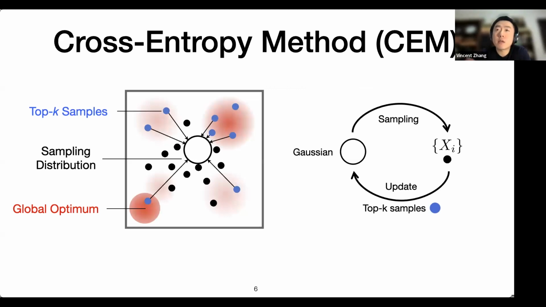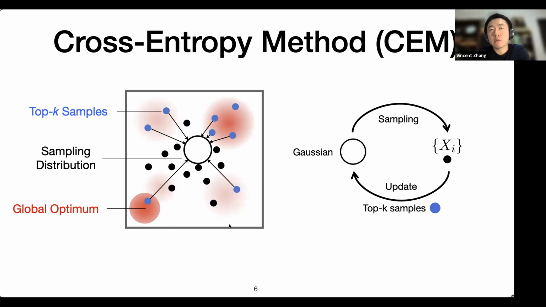And we can use this picture to illustrate this process, where this big open circle represents some sampling distribution. And very often than not, it is a single Gaussian. And then we take those solid dots, which are the samples, and from there select the top K, the blue samples there.